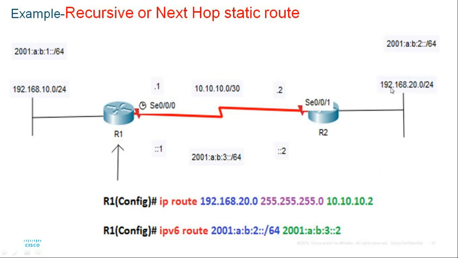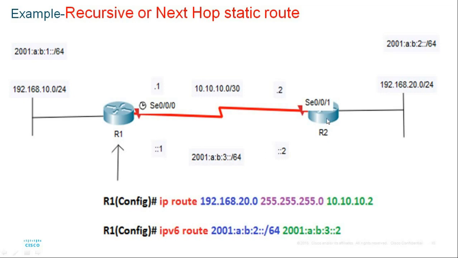Based upon the number of remote networks, we write the number of static routes. In this context, from R1 I have only one remote network, so we have to write only one static route inside router R1.